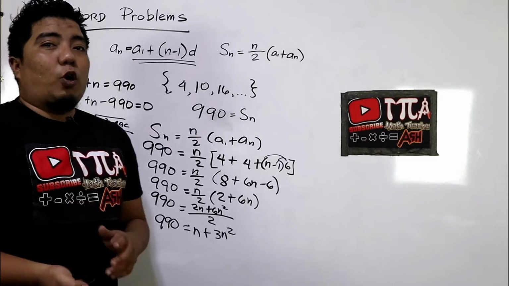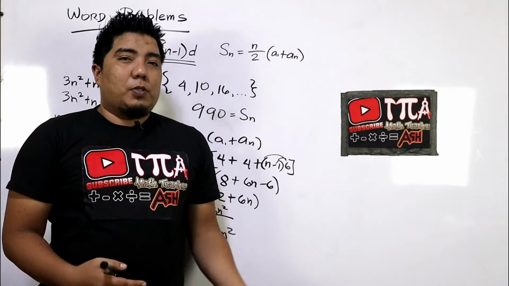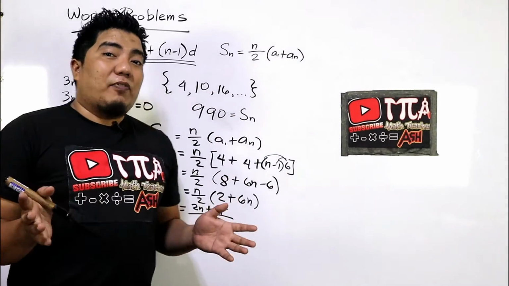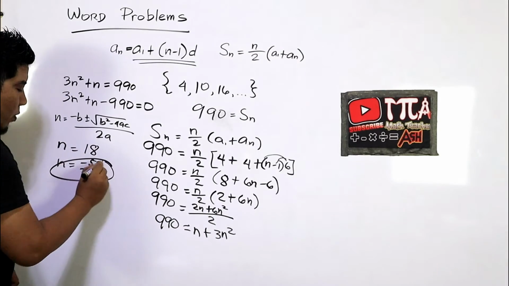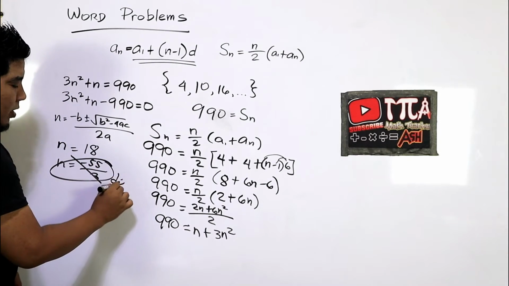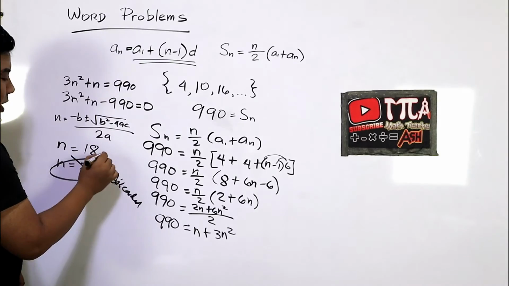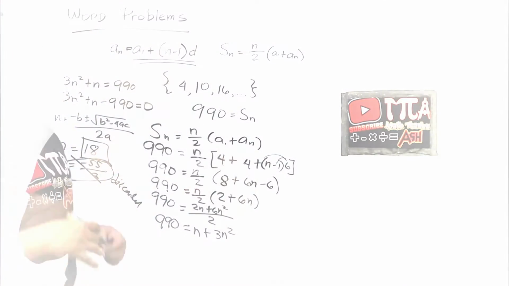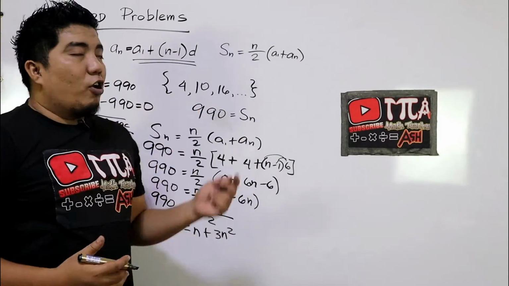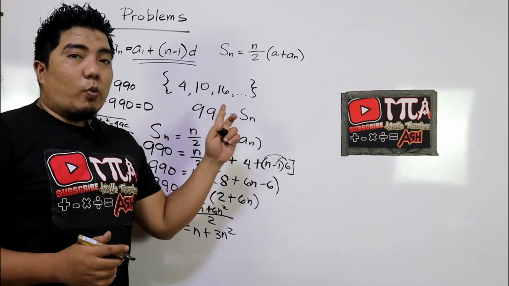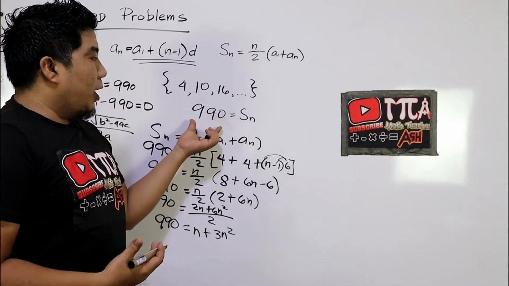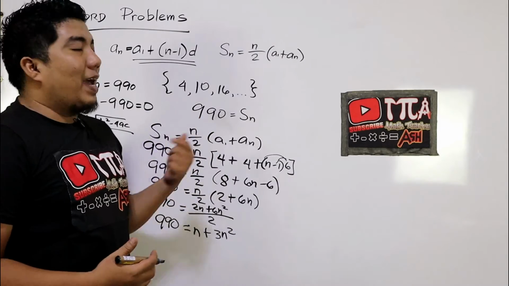Of course, since we are talking about number of terms, we are pertaining to positive values. So this value is discarded and our final answer is 18. There are 18 terms needed for this arithmetic sequence to acquire a sum of 990.